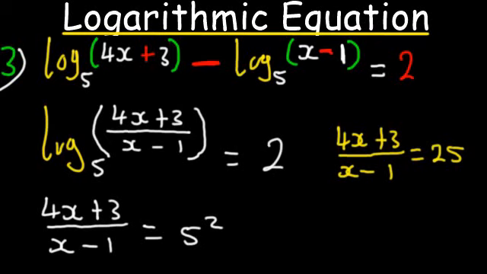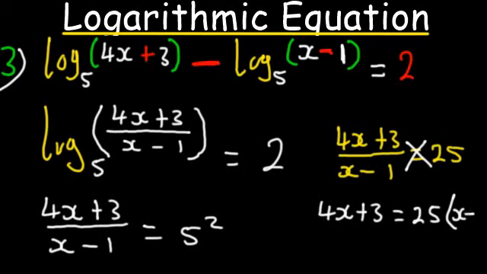Now at this point we can just cross multiply, or multiply both sides by x minus 1. If you cross multiply, we have 4x plus 3 equals 25 in a bracket of x minus 1. We are going to make use of this 25 to expand the bracket because we have two different values as the denominator.